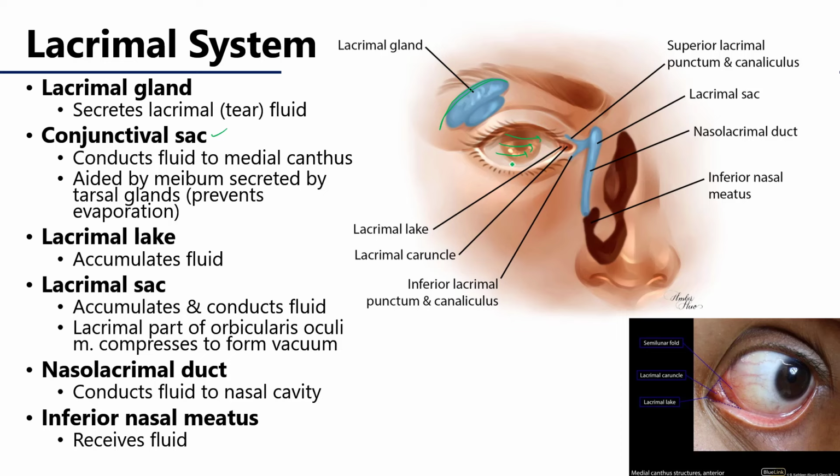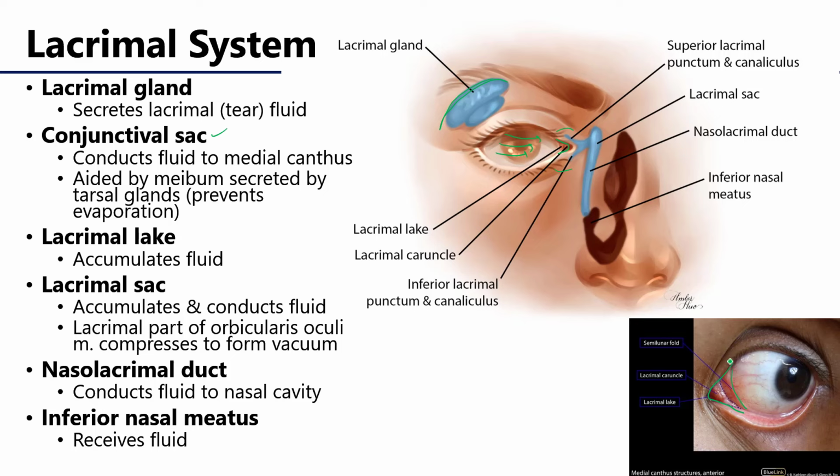As we blink, compliments of the palpebral part of orbicularis oculi, those tears are moved along to what comes next. In the medial aspect of the eye, there's an area known as the lacrimal lake, and that is where the lacrimal fluid collects.